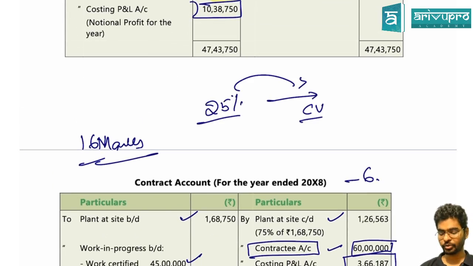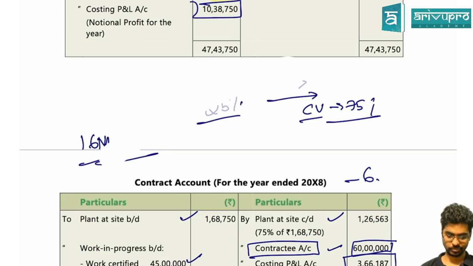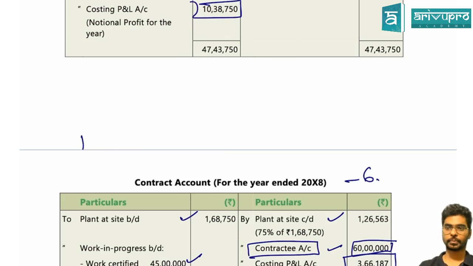The closing value will be 75%, no? Are you guys clear? Guys, are you all done?